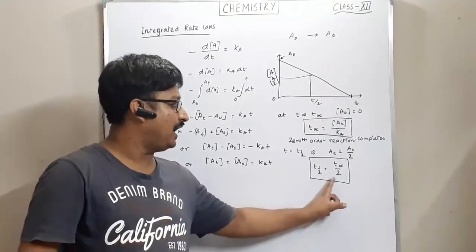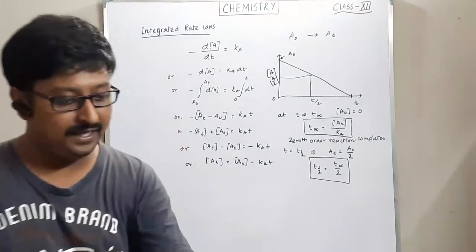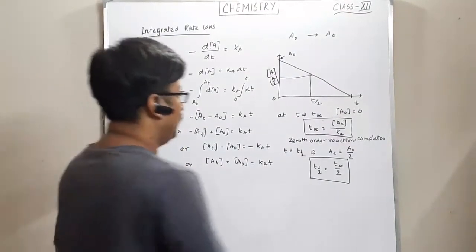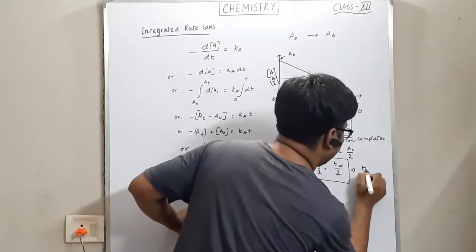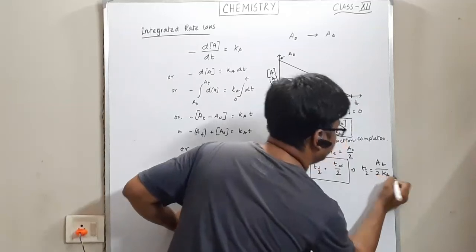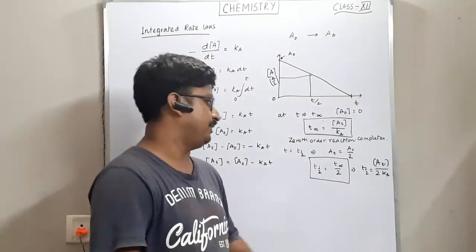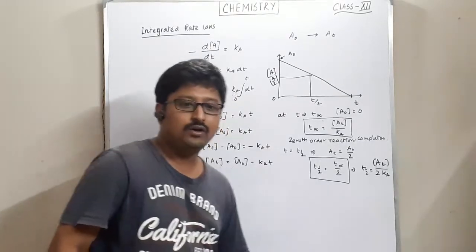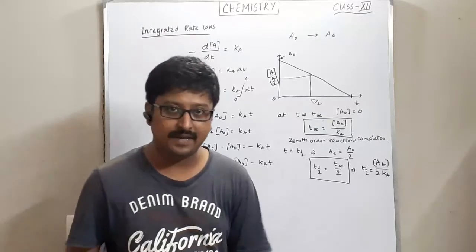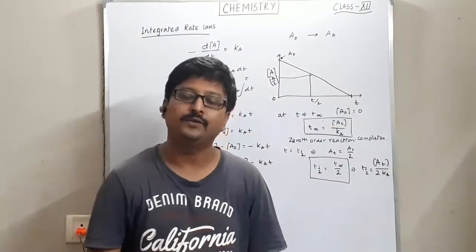T half is basically t infinite by 2, and that is basically t half is A0 by 2Ka. Basically, you get the half-life directly from here. So what is the major thing from here? The zeroth order reaction is a multi-step reaction, and the zeroth order reaction always gets completed during this course.